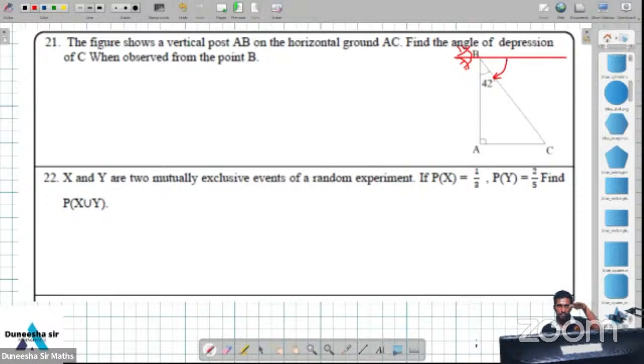You can count. There is given the 42. Depression angle එක අහන්න.